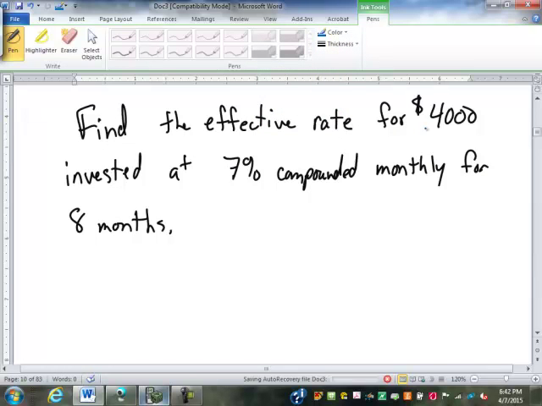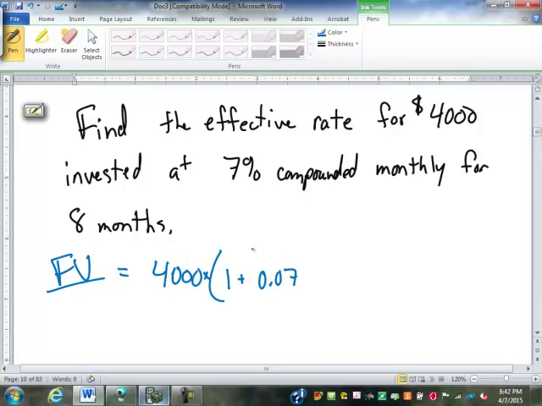So now our first step changes slightly. Because the period of this is less than 1 year, we use the actual period. So our future value is going to be the 4,000 times 1 plus 0.07 compounded monthly, so it'll be divided by 12.